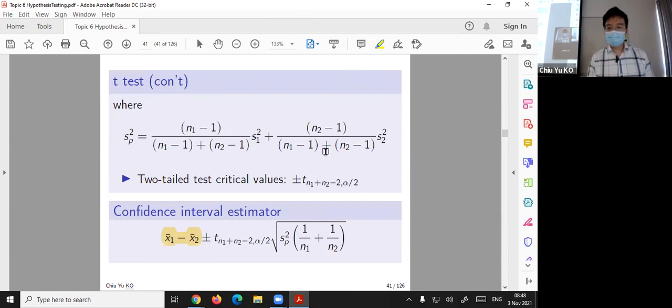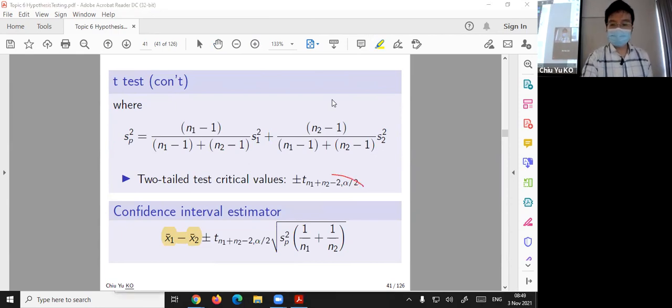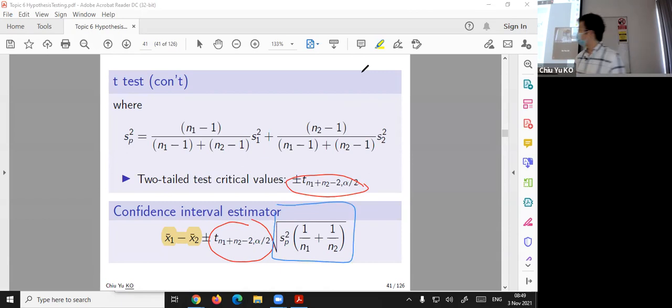And look at this. Here, the critical value is here, okay? The last part, the blue part, check carefully. This is the denominator of the t statistic, okay? It's always like this.